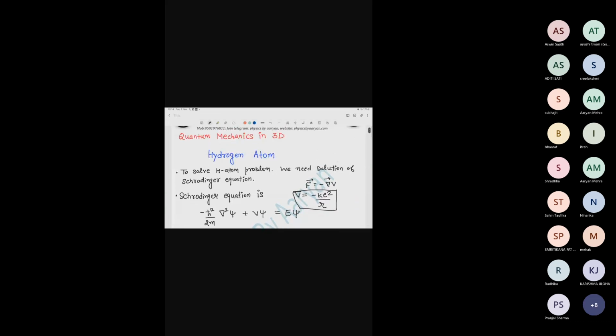Let's say I draw a sphere of radius r. Then on all the points on this surface, the potential will be the same because r is the same everywhere. It means what kind of symmetry it is? Spherical symmetry. So that was the reason why we started using r, theta and phi. Okay, so do you all understand why r, theta and phi is the best option?